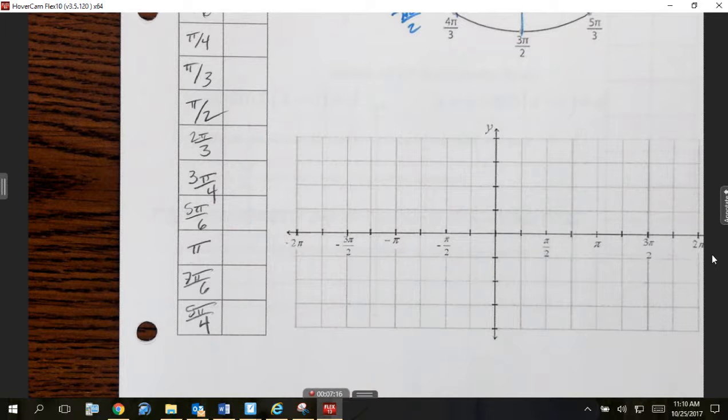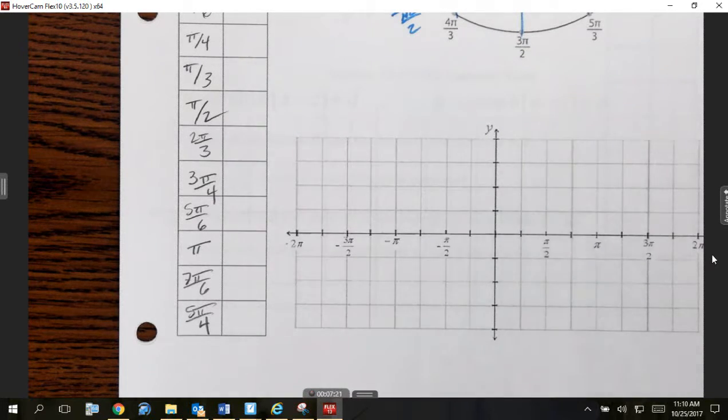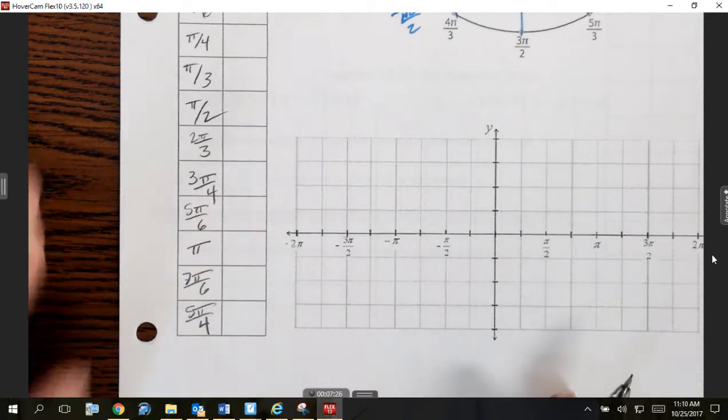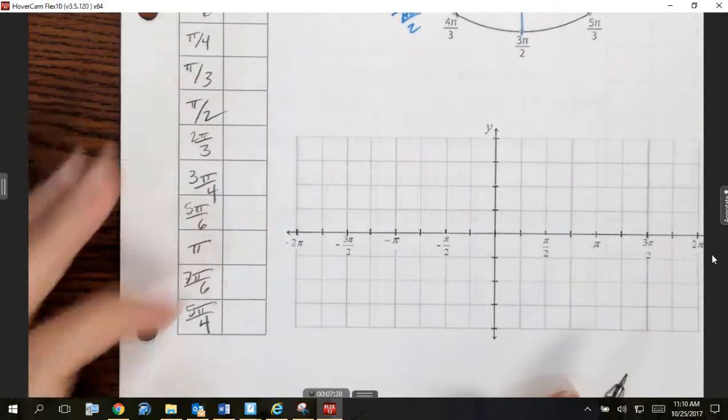So I was able to fit through pi over 4, and we will graph the complete cycle, but there's no sense in putting all of it in the table. But just so we understand where the graph's coming from, we'll put these in the table.